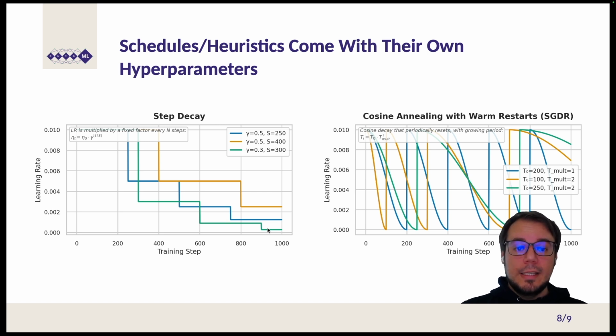For example, cosine annealing with warm restarts is a very popular one, which again comes with its own hyperparameters, but in essence it behaves similarly, where you decay your learning rate over time, but it also uses some restarting mechanism to jump back up again. So while we have this community knowledge that learning rates should be decayed over time, we do not have the exact formula that we can apply everywhere, and we need to adjust these schedules with their own hyperparameters to fit our particular problem at hand.